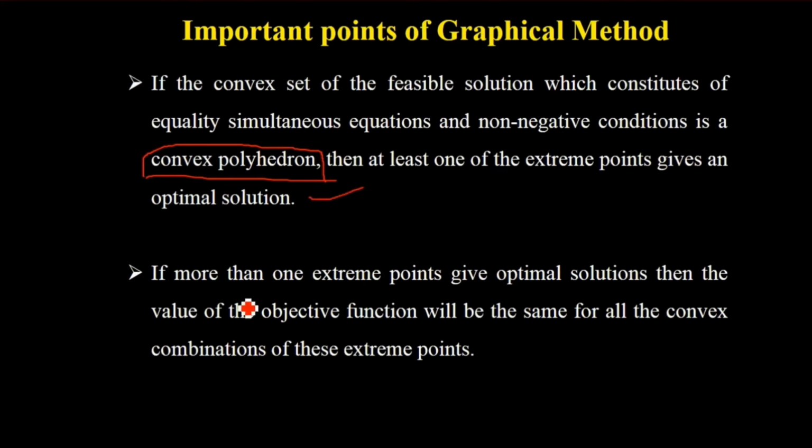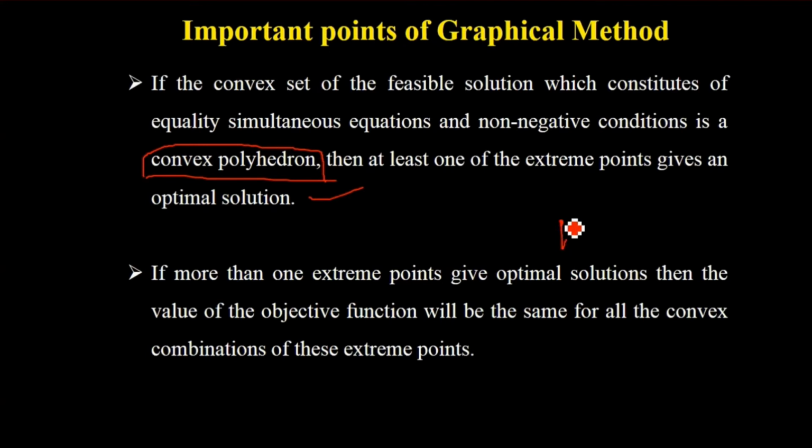If more than one extreme point gives an optimal solution, there are multiple points where you will get the same value. Then the value of the objective function will be the same for all convex combinations of the extreme points.